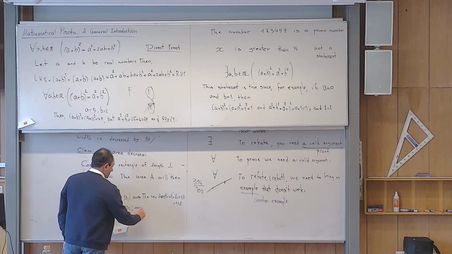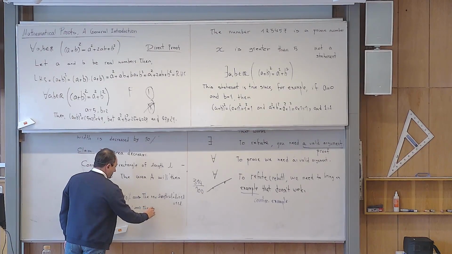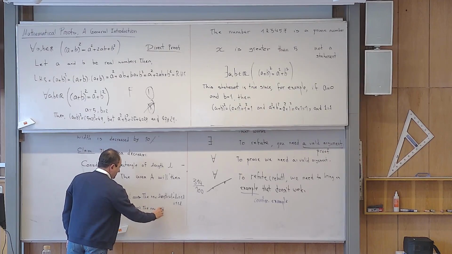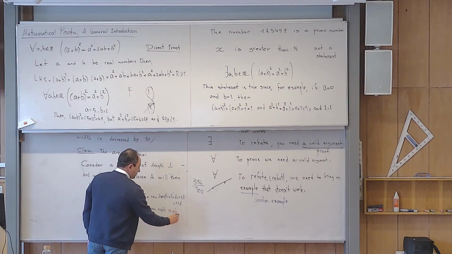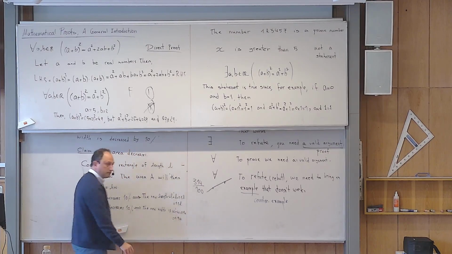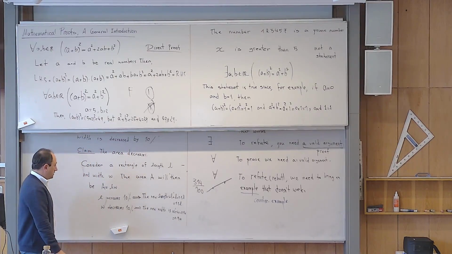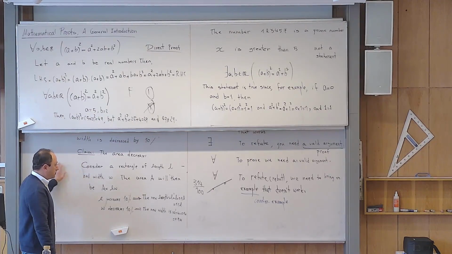Then this means that the new width is W prime equals the old W minus 0.1 W, which is what? 0.9 W. Yes? So if a person reads this, they will understand what you are doing.